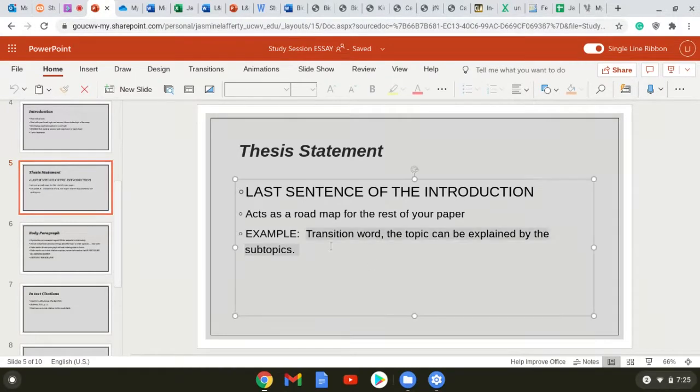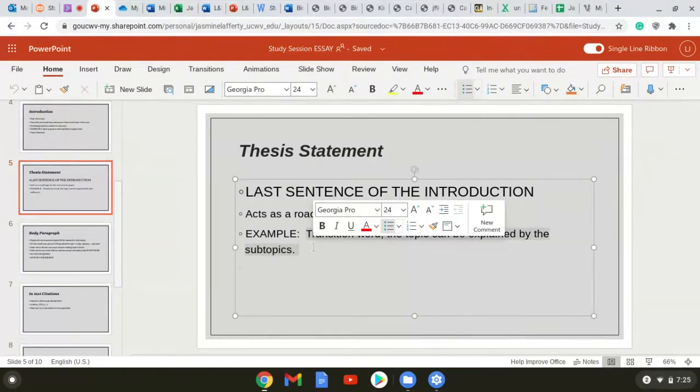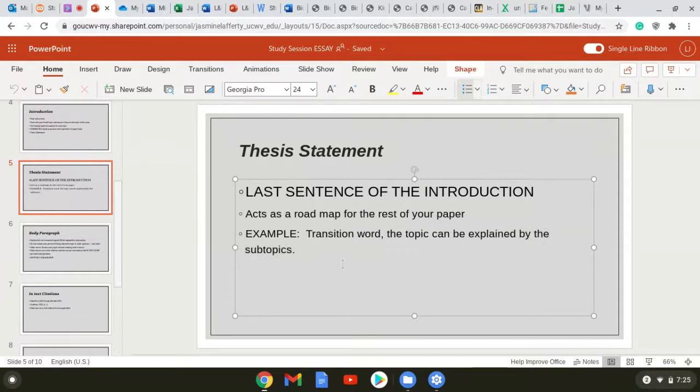So an example, this right here is the format that I use as a junior in the biology department: transition word, comma, the topic can be explained by the subtopics. So if I was doing climate change on sea turtles, I would say, "Ultimately, the effects climate change has on sea turtles can be explained by examining the population rates over the last 10 years," or whatever my sources were looking at.